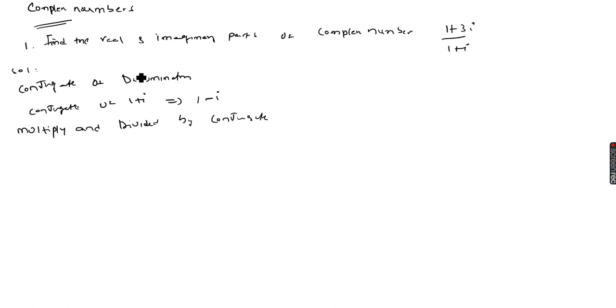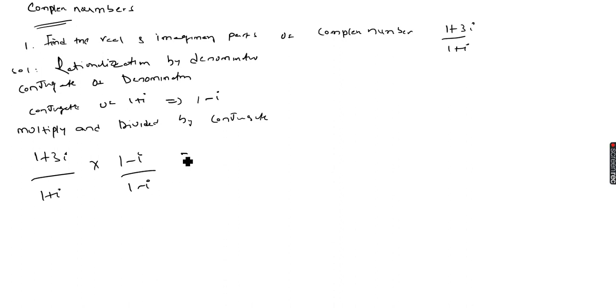This process is called rationalization by the denominator. That is, we get (1 plus 3i) by (1 plus i) into (1 minus i) by (1 minus i).